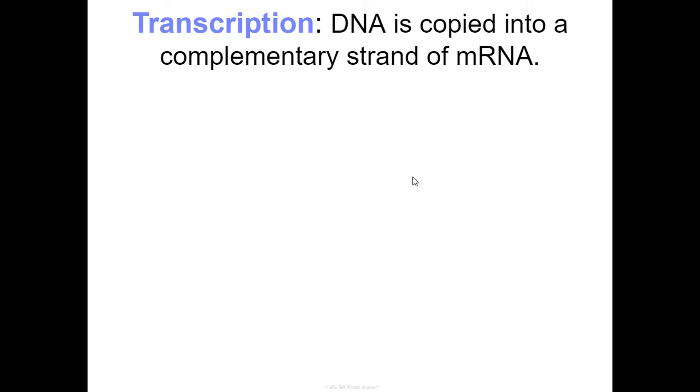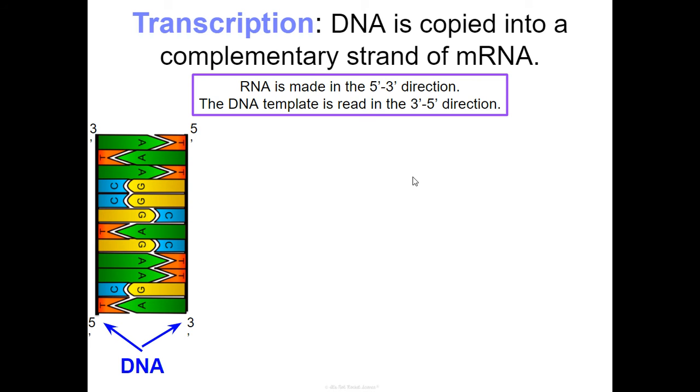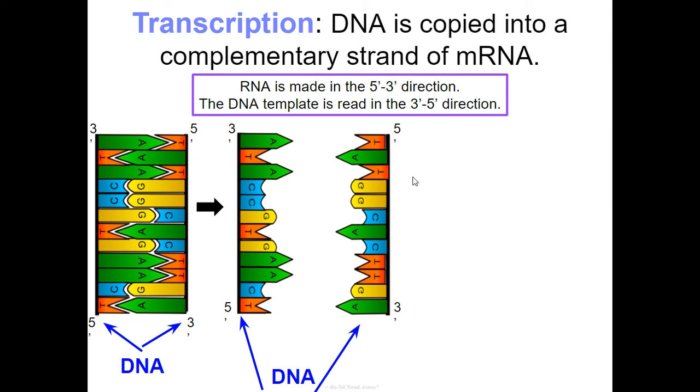And so overall, what's the definition of transcription? It is DNA being copied and turned into an mRNA strand. Very similar to replication, RNA is made in the 5 to 3 direction, and remember the DNA template is still read in the 3 to 5 direction. For example, if we've got our double-stranded DNA, it's going to split apart.